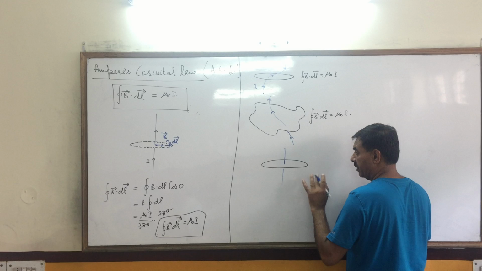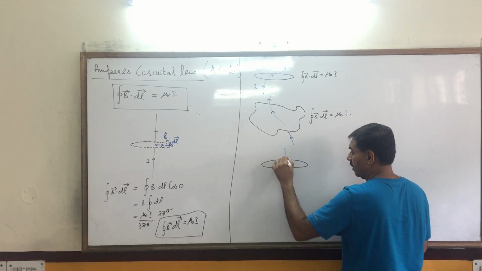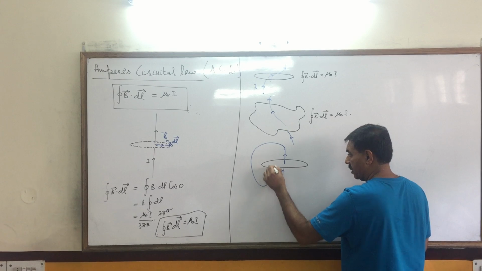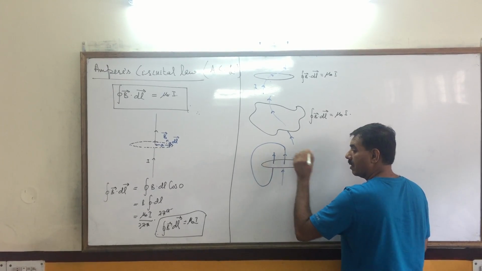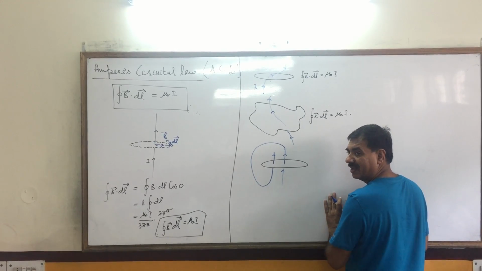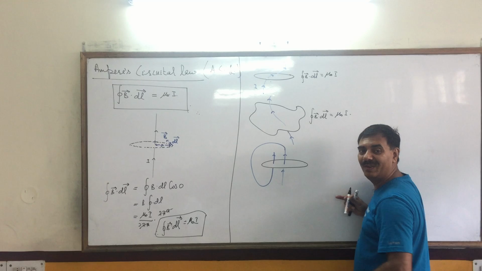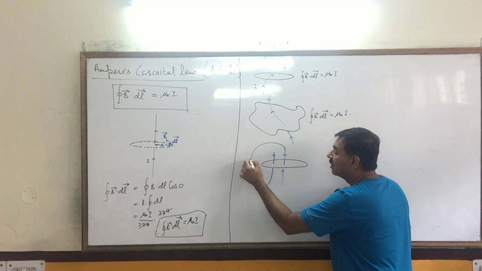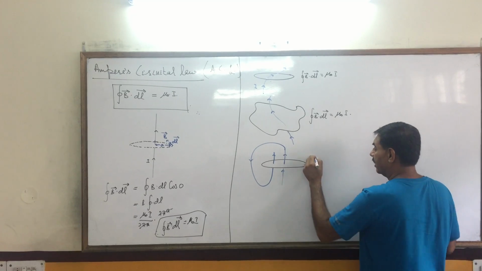Clear? How much current is threading the loop? 2I. So integral of B dot dl will be 2I. Do it again. 3I. Interesting.